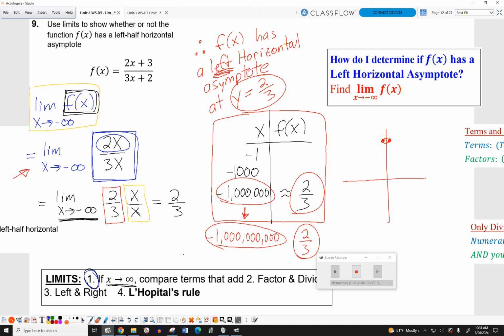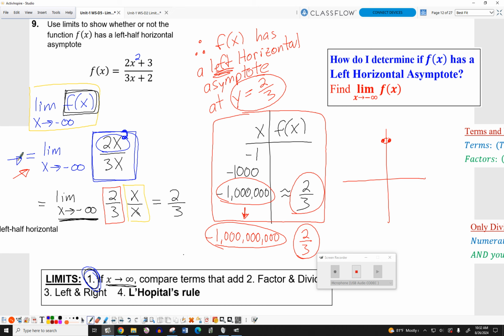They just change something a little bit. Say that was squared, okay? When we compared terms that add, raise your hand, please don't say it out loud. Would we have ended up right here, or would something else have happened? We still would compare terms that add, because we're still finding the limit.